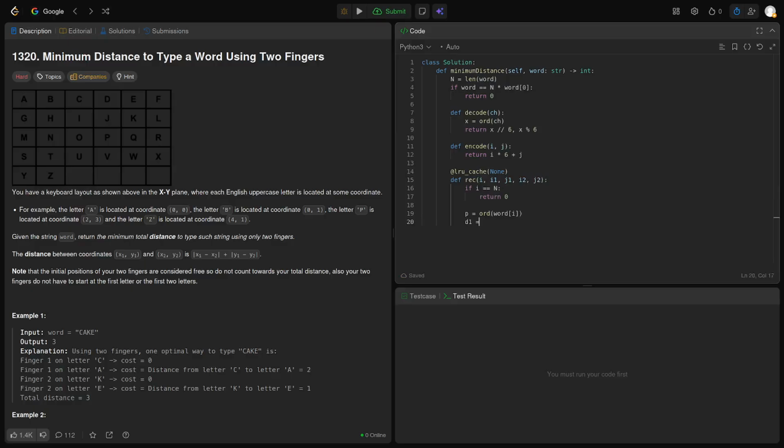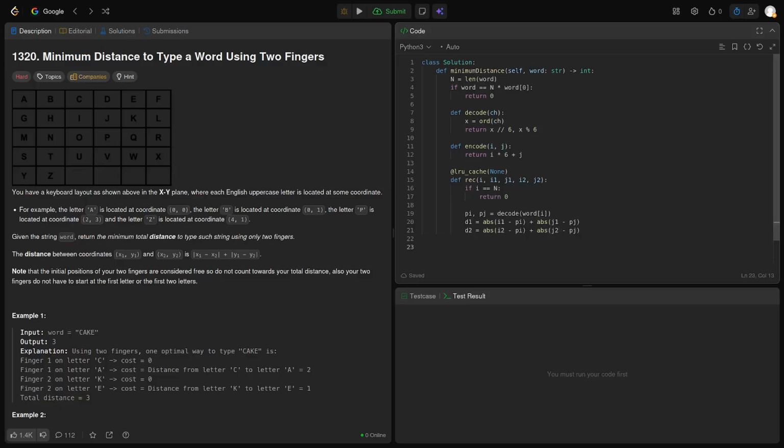And then we want to do d1 as abs(i1 minus pi) plus abs(j1 minus pj), where pi, pj is decode of word[i], and d2 as abs(i2 minus pi) plus abs(j2 minus pj), right?